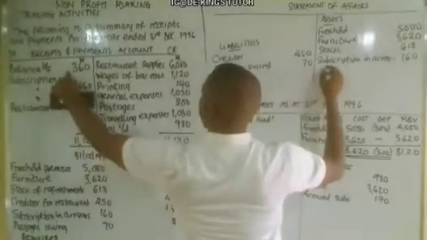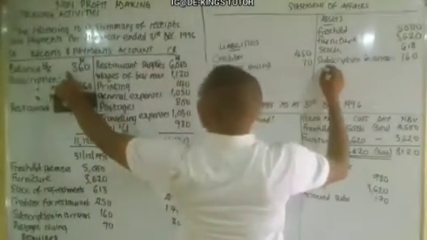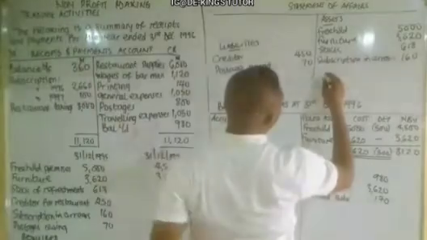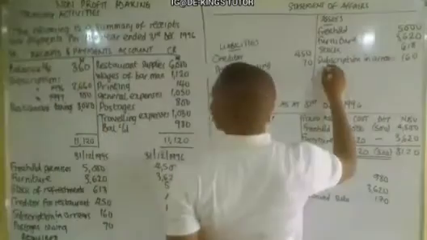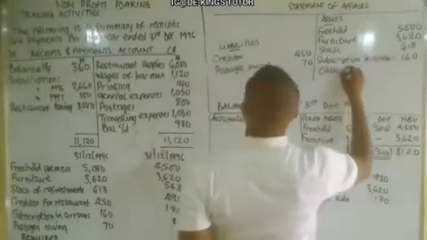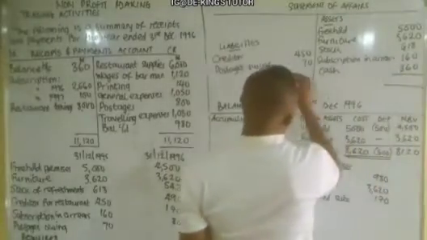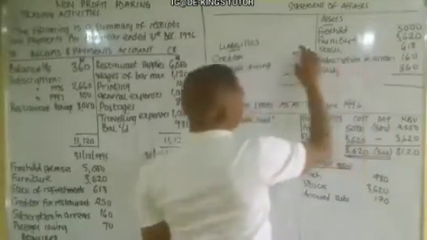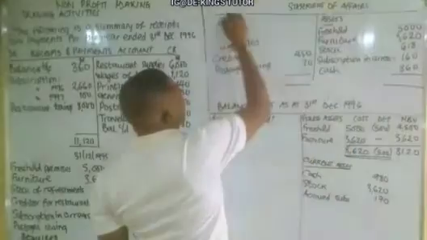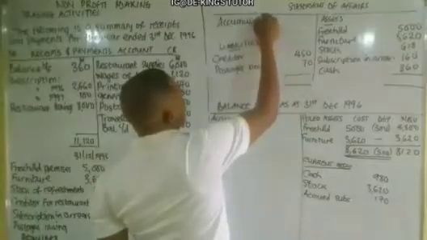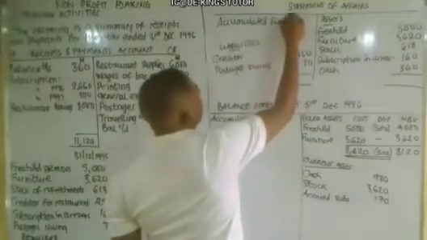That's all come here. So we'll have balance brought forward. So we'll have cash as 360. So if we add up this and subtract this from it, it will give us our accumulated fund.